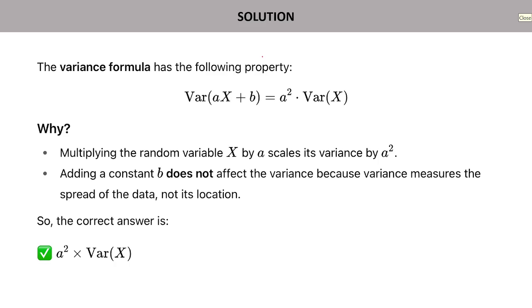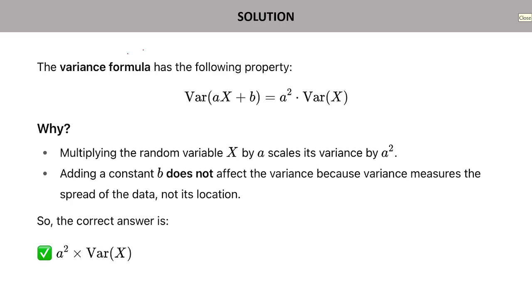On the other hand, if a random variable is multiplied, the variance will be scaled by the square of the variable it is being multiplied by.